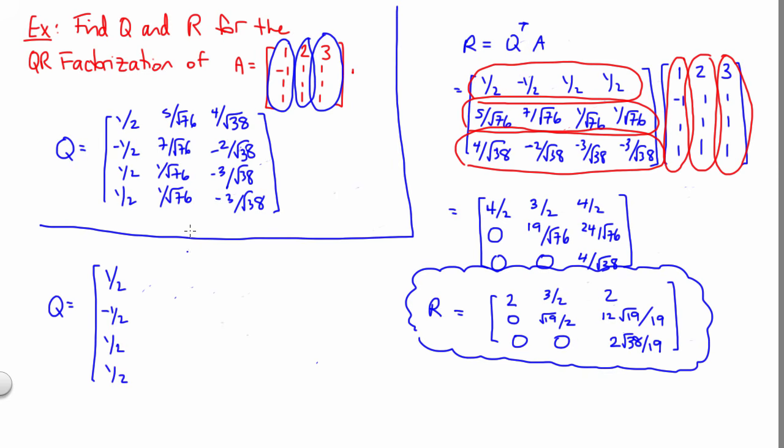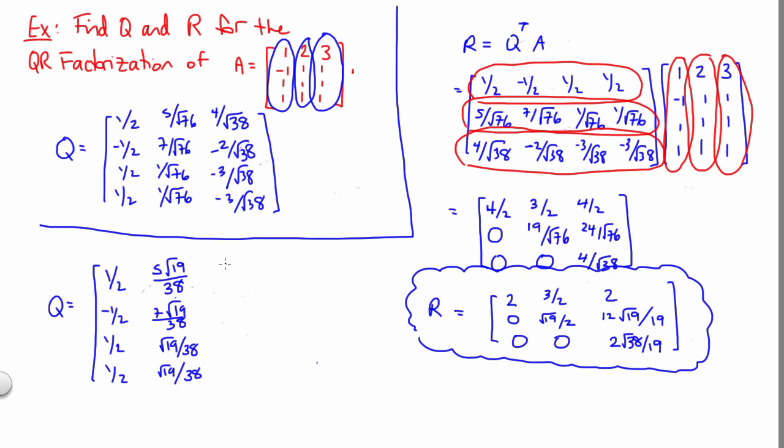Second column, we're going to rationalize these fractions to get 5 root 19 over 38, 7 root 19 over 38, and then finally root 19 over 38 for those last two entries.